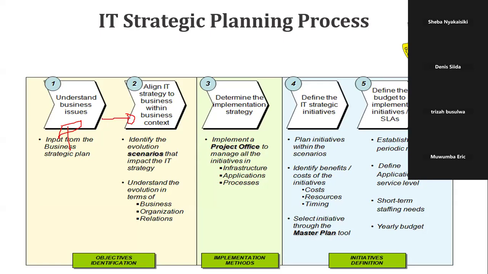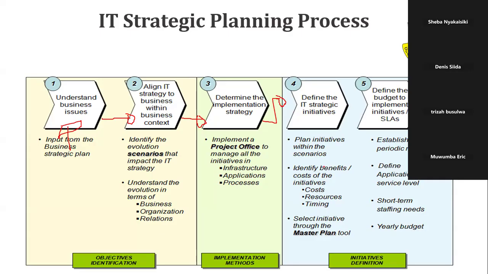Then we come to the alignment process, aligning the ICT towards the organizational objectives. After that, we come to how shall we implement this strategy. Then we come to the 4th stage, which looks at ICT initiatives.